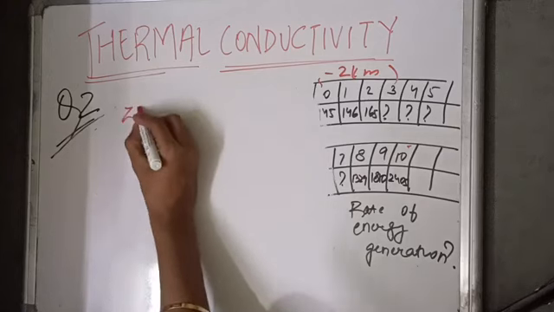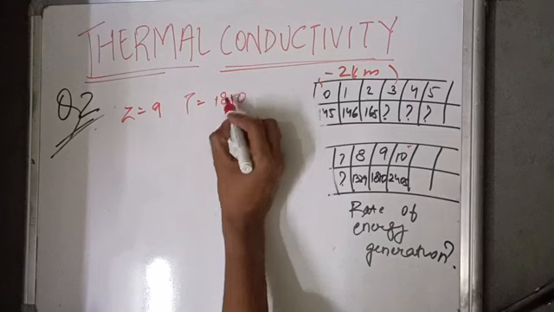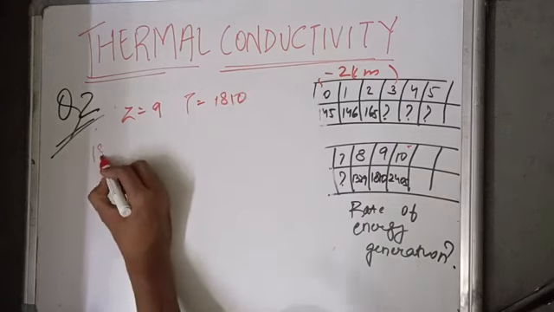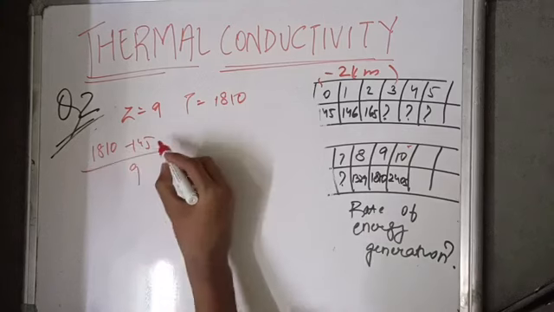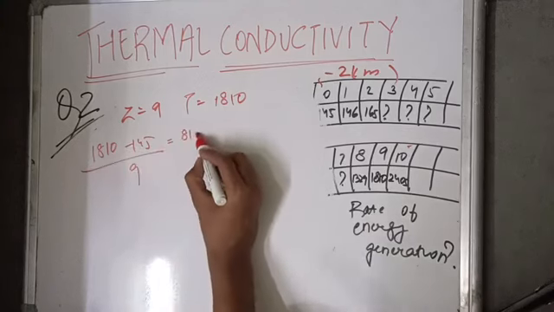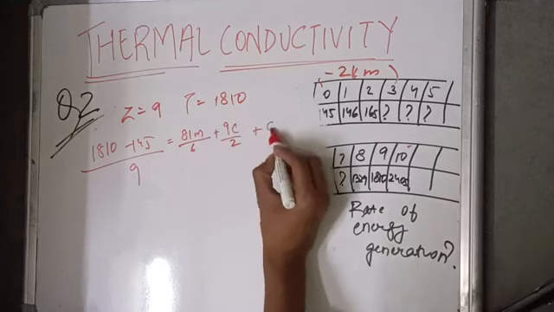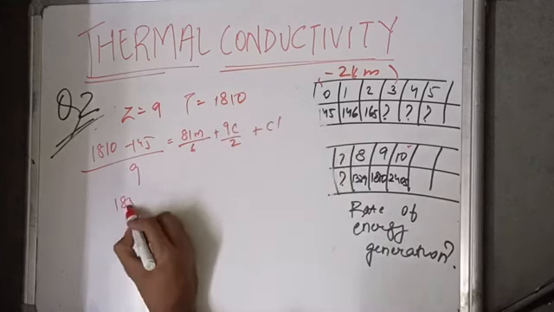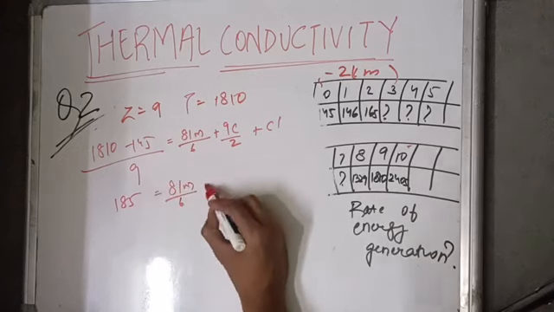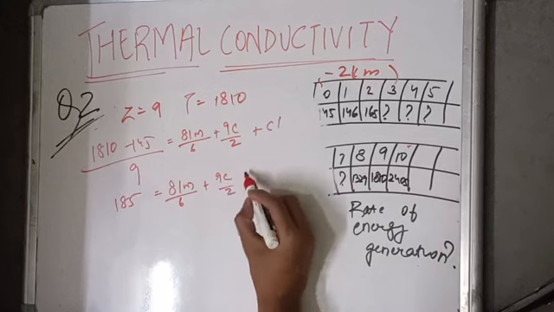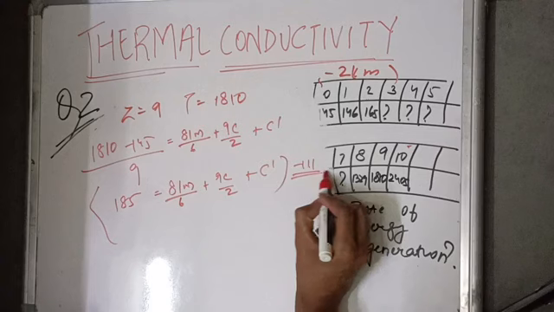Now case 4, putting z equals 9, t equals 1810. Putting this in the general basic equation, we got the third equation.